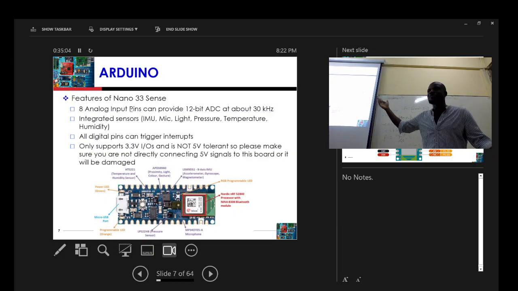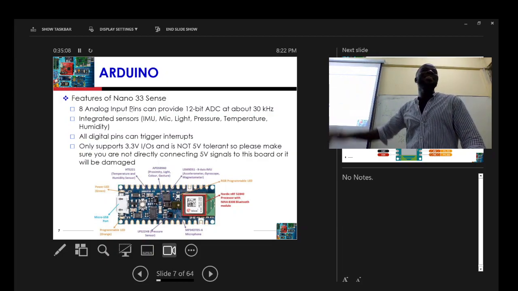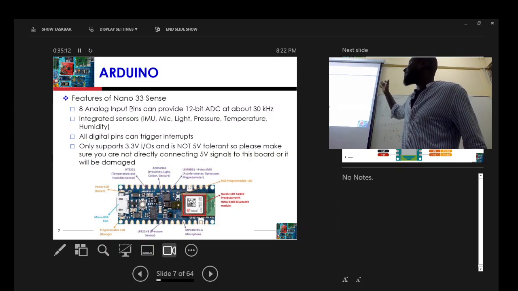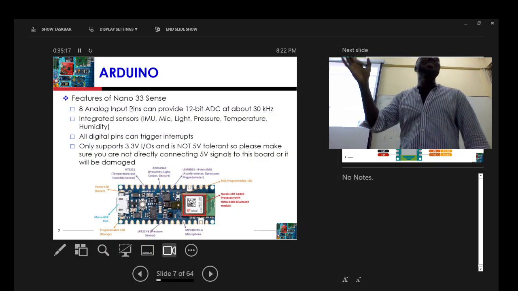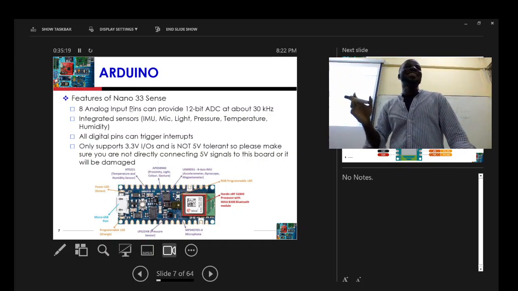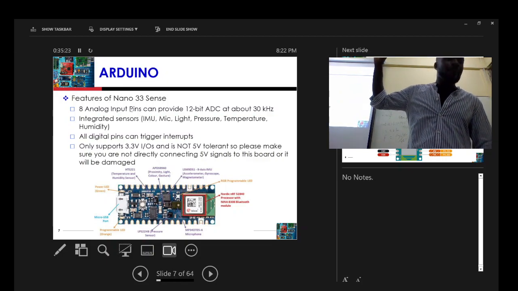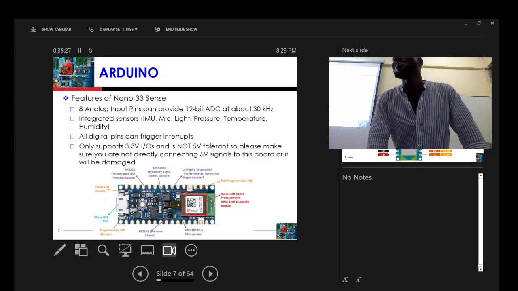This is just the basics of telecom engineering, right? 12-bit ADC at 30 kilohertz. Telecom. What does an ADC mean?